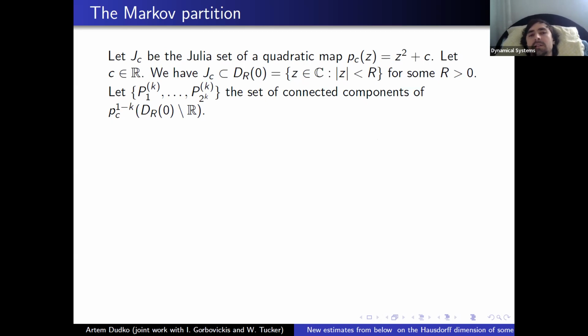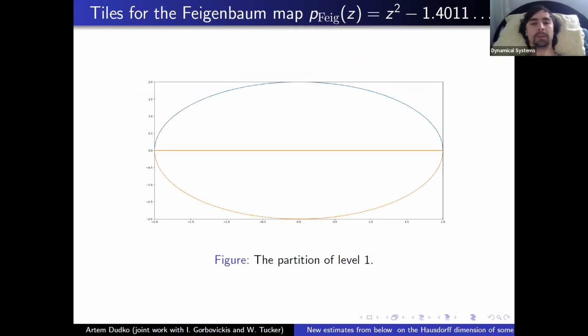And construct 2 to the power k preimages of these half disks under the (k-1)-st iterate of our polynomial. It's not hard to see that this will be a Markov partition. And here is an illustration, I think this is for z squared minus 1, for the Basilica Julia set.